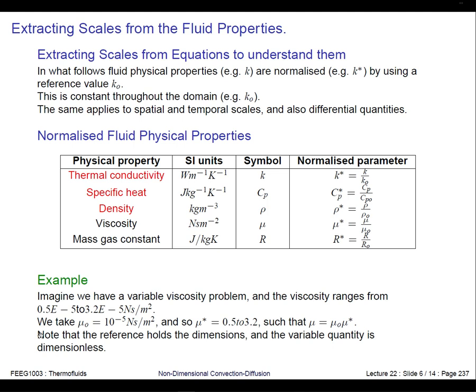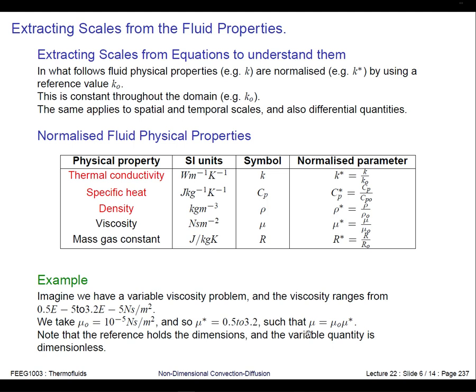So what we do is we take a reference scale to be 10 to the minus 5, and then our normalized variable is just a variation on this. So in this particular case, my mu star varies from 0.5 to 3.